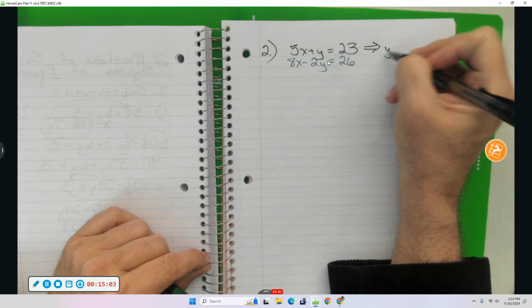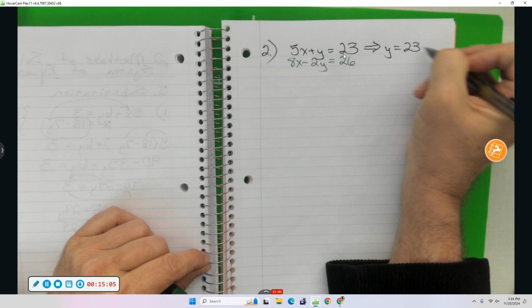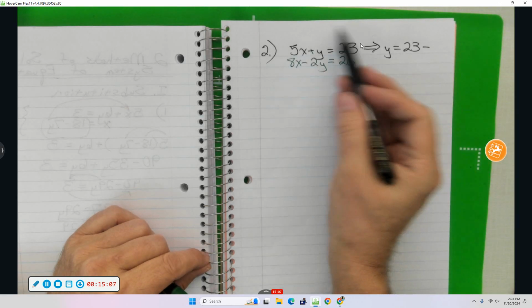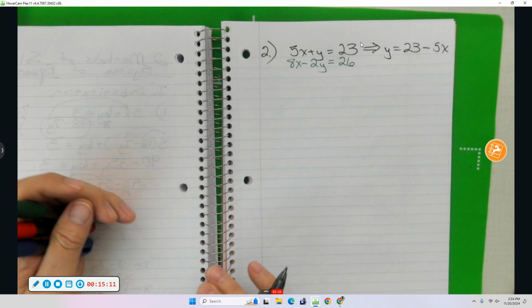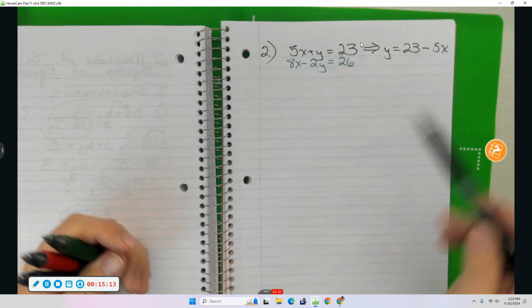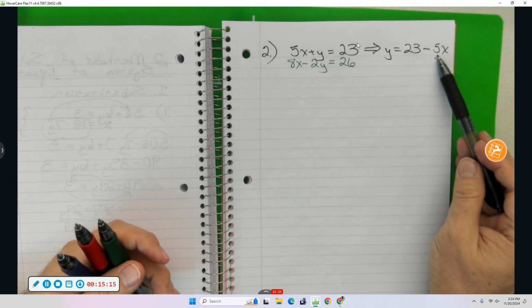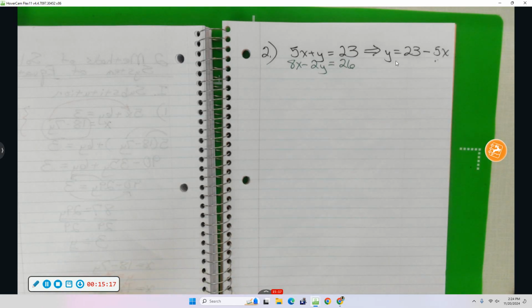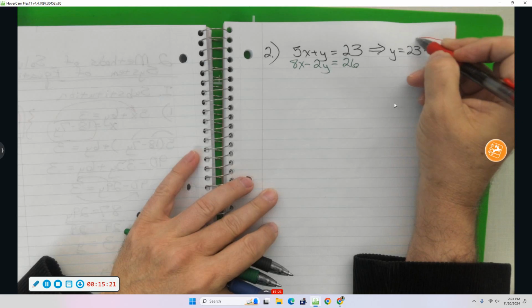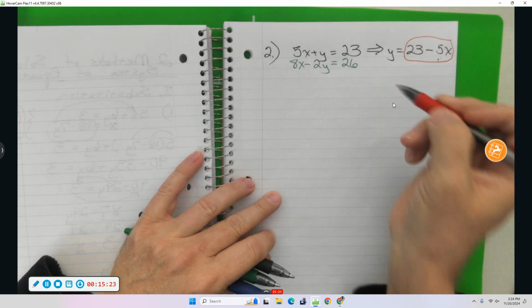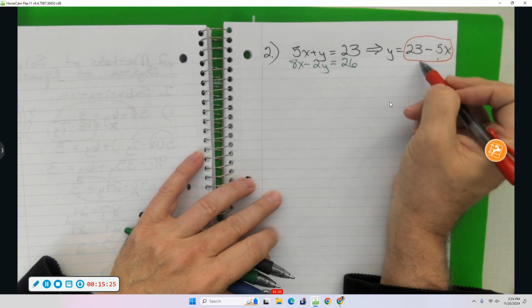So you're going to have y equals 23 minus 5x. Move that 5x over. So there's the revised first equation. Then I will take 23 minus 5x. That goes into the other equation in place of y.